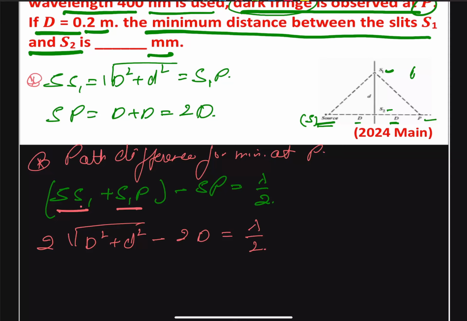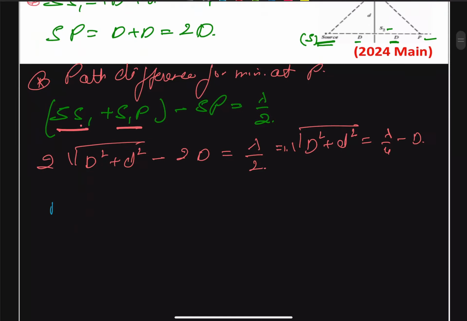And from here we can reformulate it. We can write the square root of D square plus small d square will be equal to lambda by 4 plus capital D. And if we square both sides, we get D square plus d square will be equal to lambda square upon 16, plus D square, plus lambda D divided by 2, and here D square and D square cancel out.